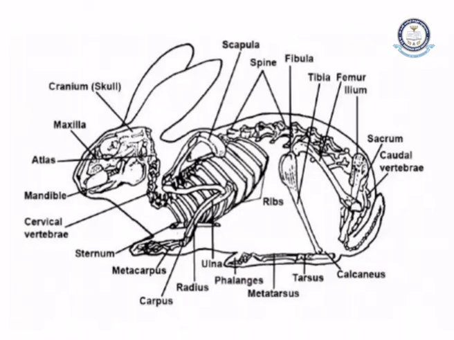So this is the complete structure of the endoskeleton of the rabbit, starting from the skull to the vertebrae, followed by the hind limbs and the forelimbs, in addition to the ribs.